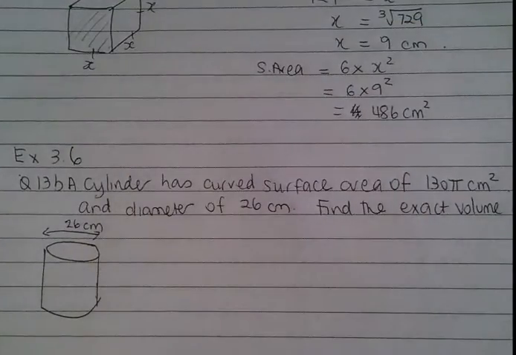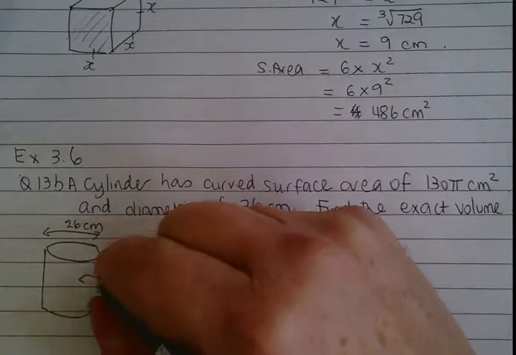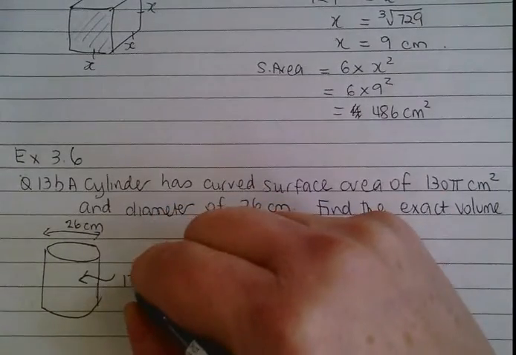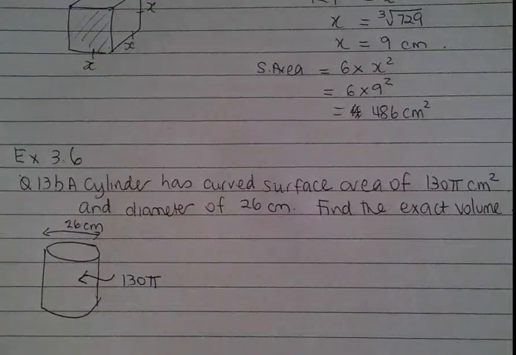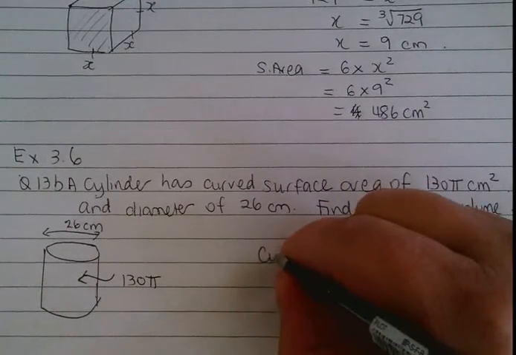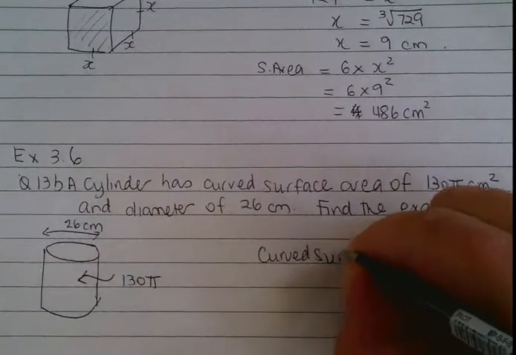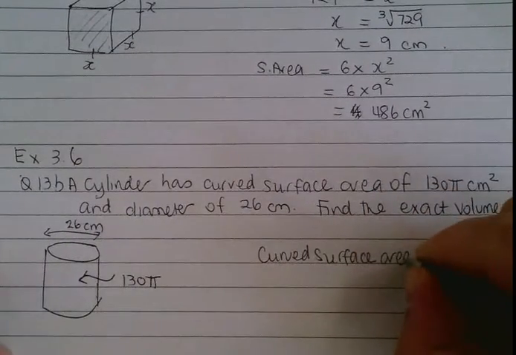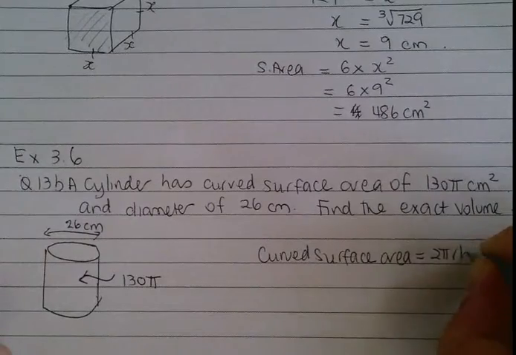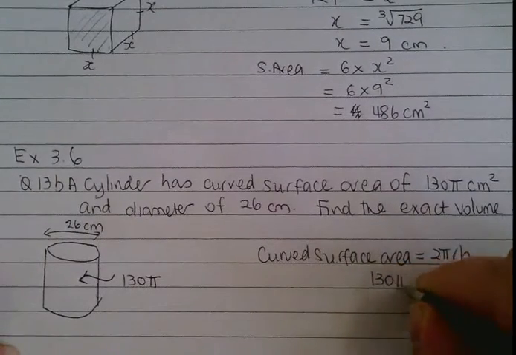Which bit are they giving you, the whole cylinder or just this bit, 130 pi? What is the formula for the curved surface? Curved surface area is 2 pi r h. That's what they've given you.